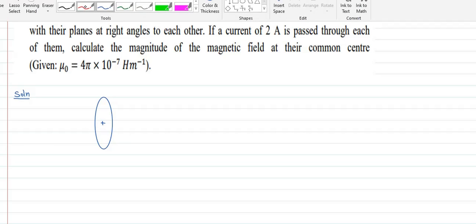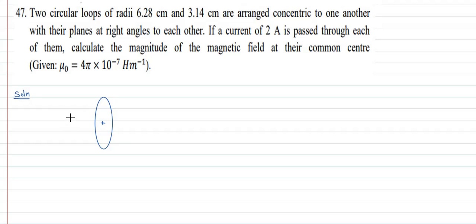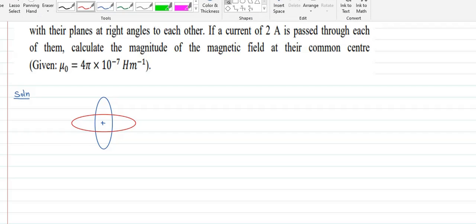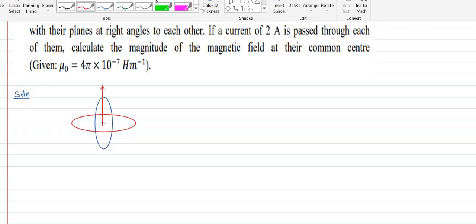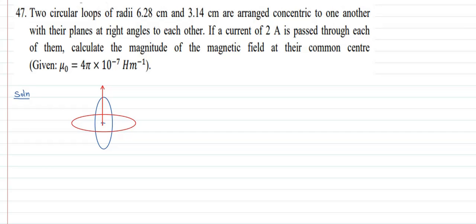Another loop concentric with this. So their magnetic fields at the center will be perpendicular to each other. This you can take as due to 1. Another magnetic field will be perpendicular to its coil, in this direction.